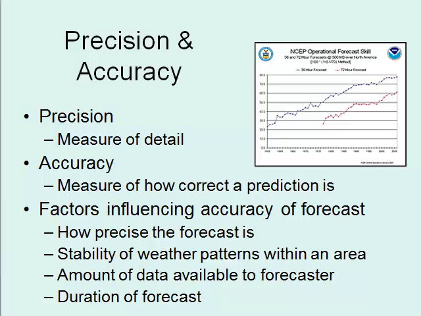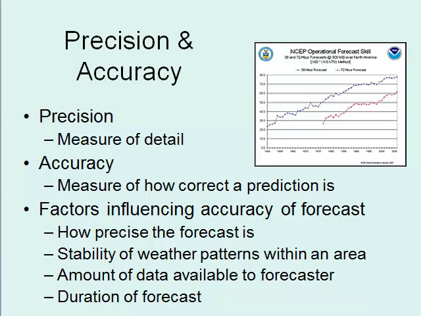Are you getting all sorts of information, temperature, humidity, cloud cover, precipitation, dew point, or are you just going to get temperature out of that forecast? Precision is how much detail you're going to get, whereas accuracy is the measure of how correct that prediction is.